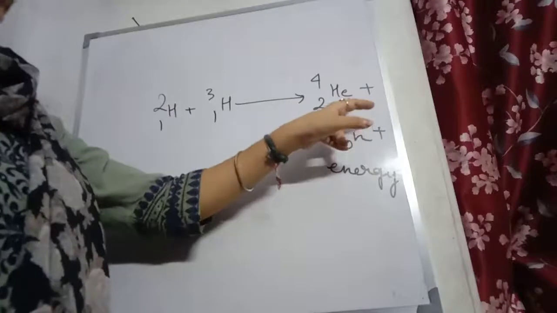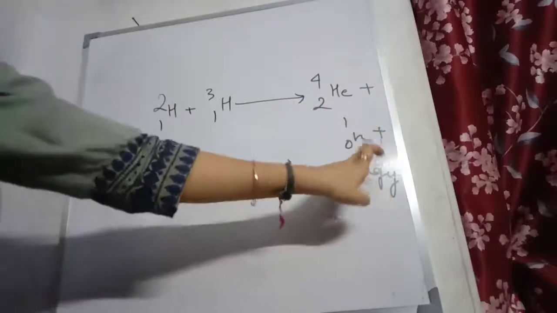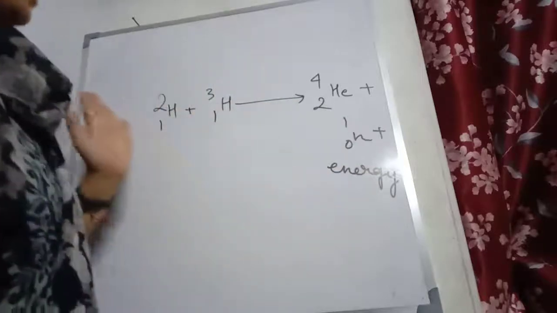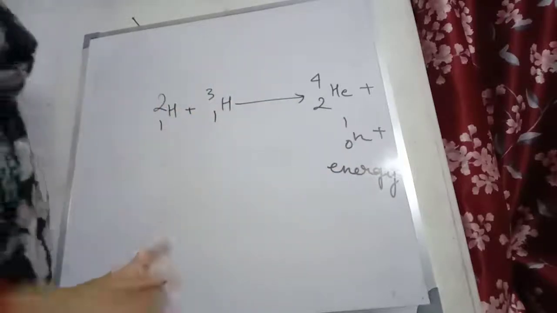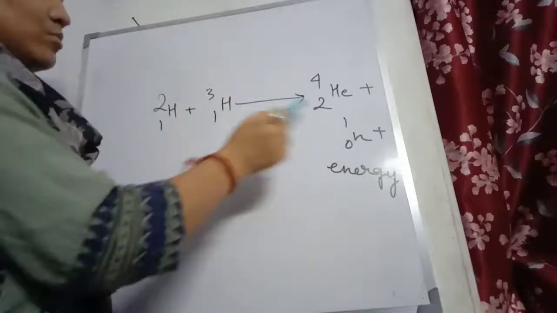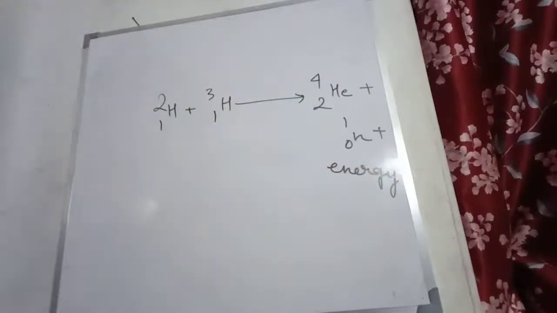Right hand side we have helium, and this is your neutron, 1 neutron plus energy. Right? Here the mass number and atomic number are conserved. See, here it is 5, here also it's 5. Atomic number it's 2, here also it's 2. Right?